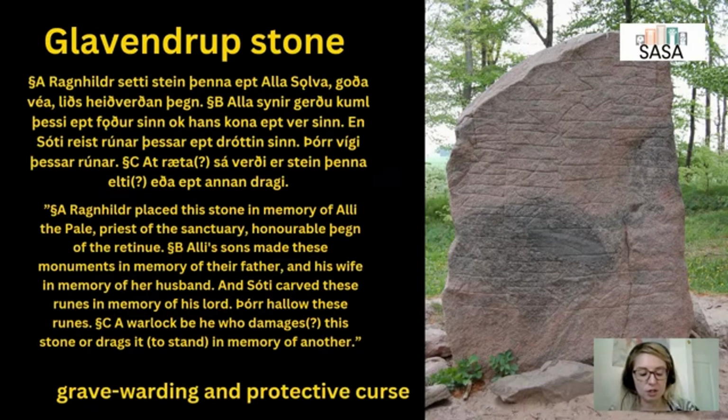So he who damages the stone or uses it for other purposes than it was meant for should become this outcast person from society, someone who doesn't belong to society, someone who should be condemned by the others. So not literally a warlock. This word reta here is very difficult to interpret.